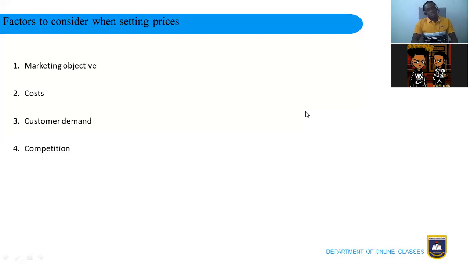Because your competitors are also offering similar or the same services. So if you are about to fix a price for a product or a service, you need to think, do I have to increase it, or decrease it, or even fix the same price at which they are selling their product?